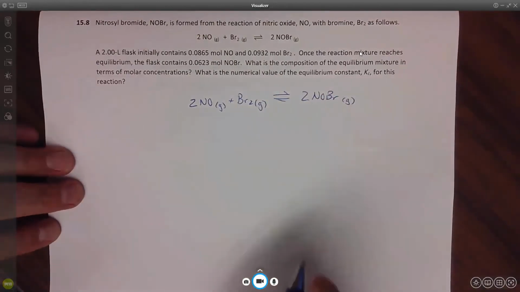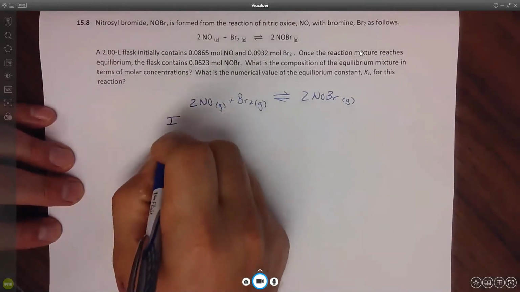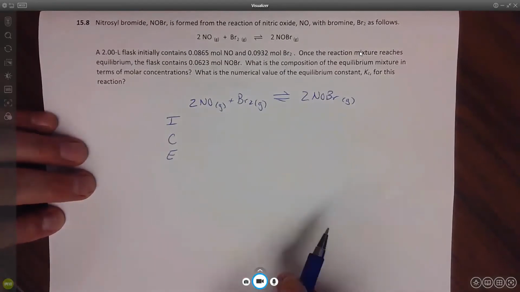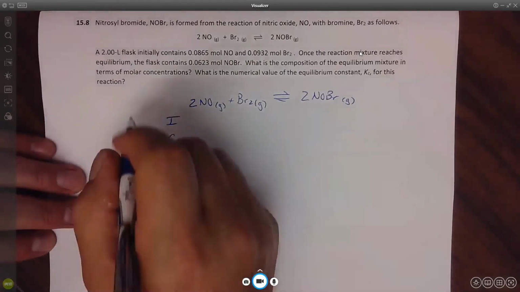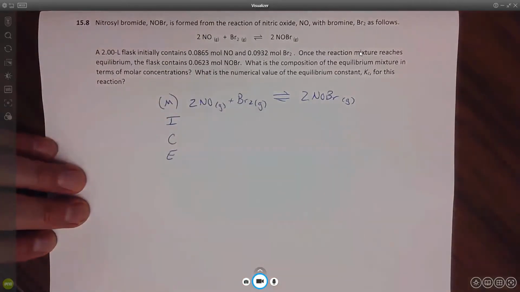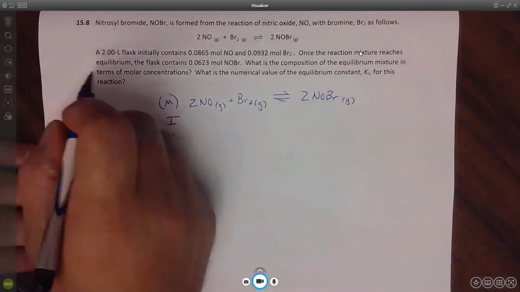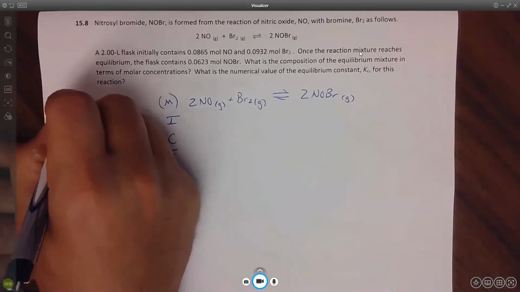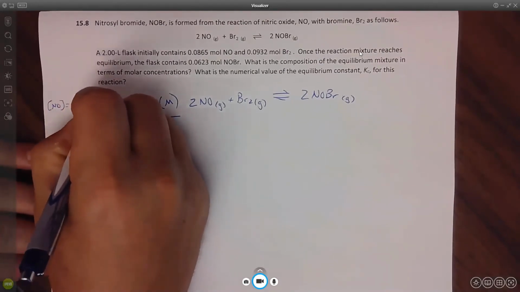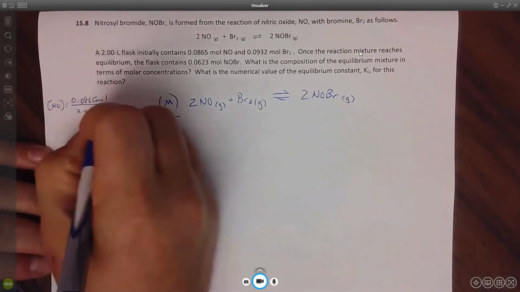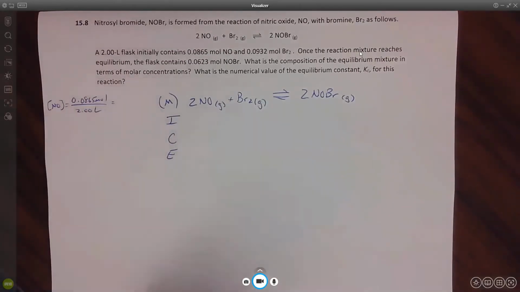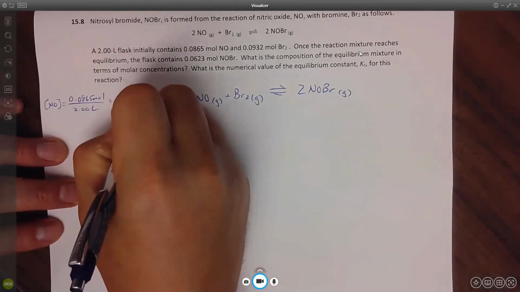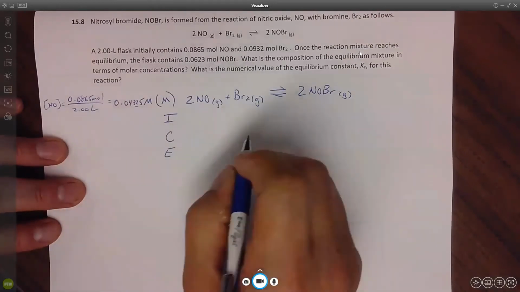Our ICE table is going to be the initial, the change, and then equilibrium. All of these things are going to be in terms of molarities, so one of the first things I need to do is calculate the molarities. For the NO, that was 0.0865 moles over our 2 liters, so the molarity is 0.04325 molar, and we got 3 sig figs.